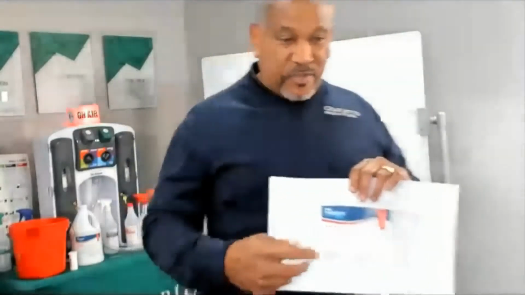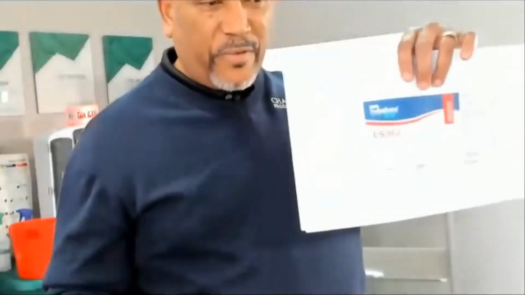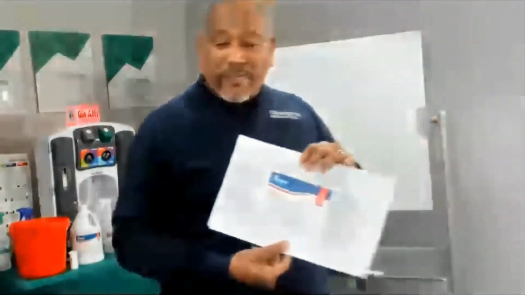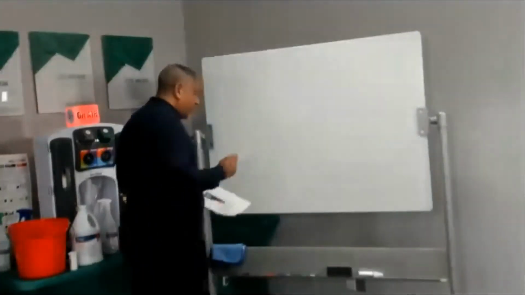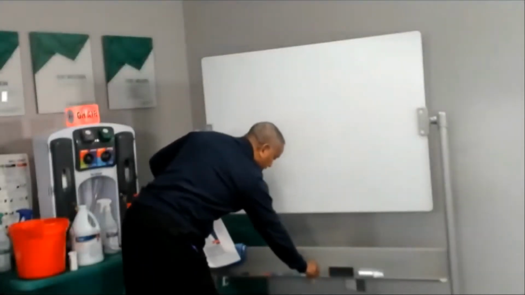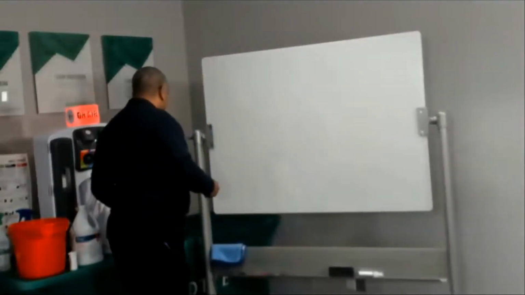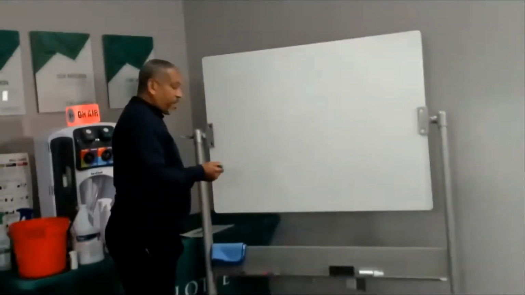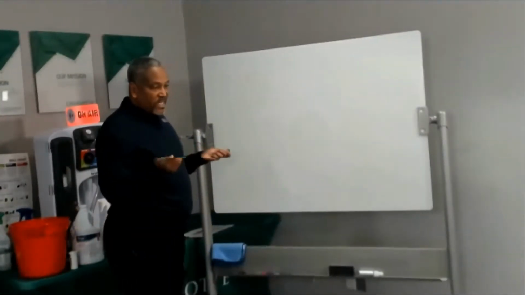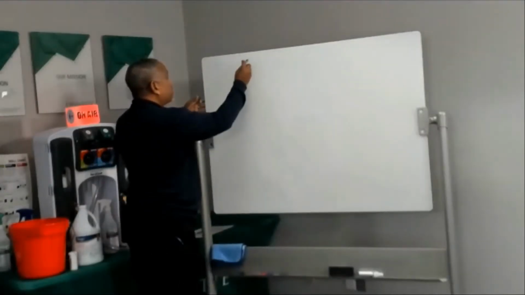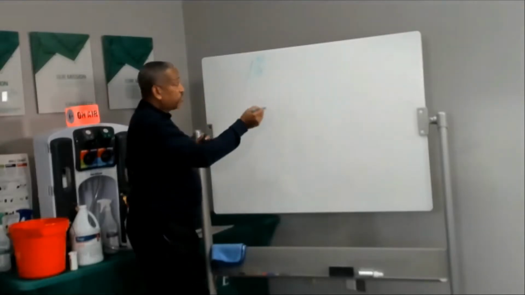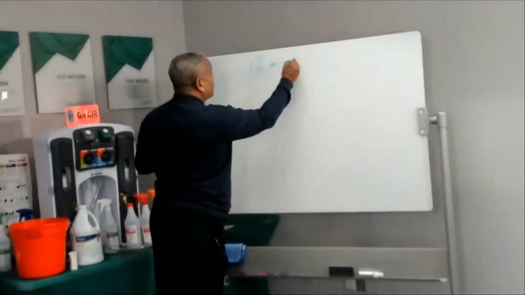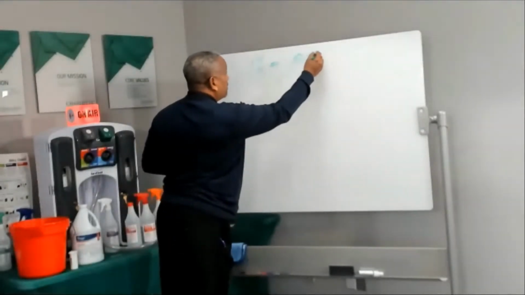It's on every single label, so that is very important to see. Now, a couple of things that we must establish first is just a few quick equivalences. For instance, 1% is equal to 10,000 parts per million.